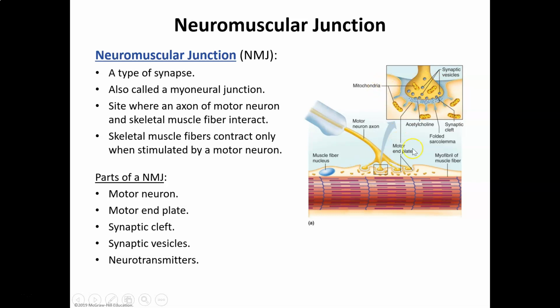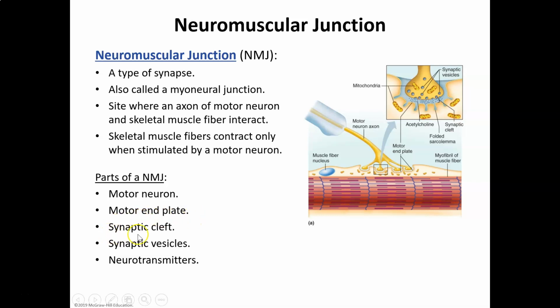So that is this bit right here, on the sarcolemma, where the terminal end of the axon meets. We consider the motor end plate as only part of the muscle fiber, not a part of the nervous system.